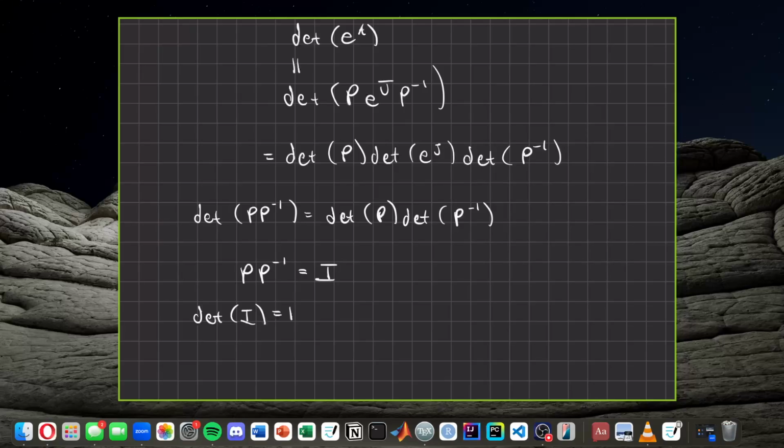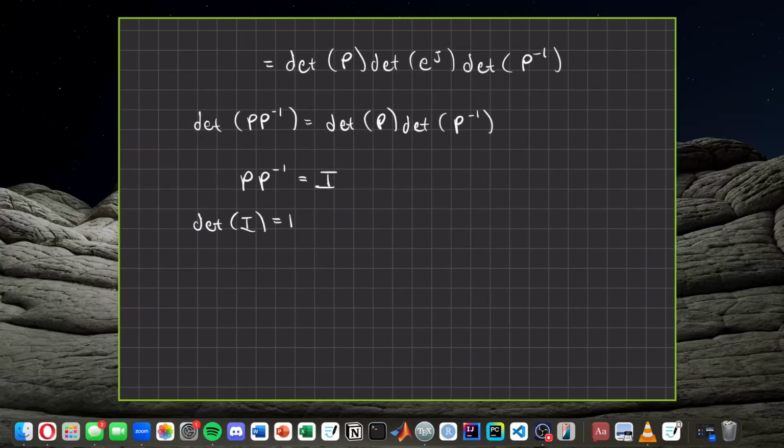This might be a fun proof on its own time, but this is a very well-known result. The determinant of the identity matrix is equal to 1.